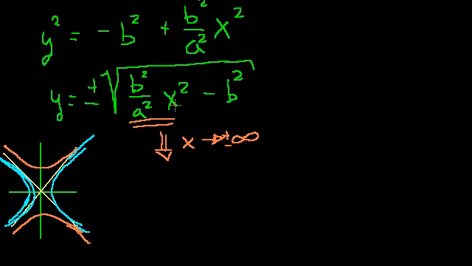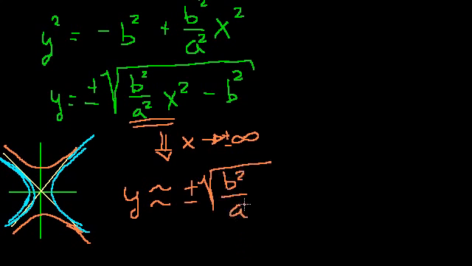So as x approaches positive or negative infinity, as it gets really, really large, y is going to be approximately equal to, I always forget notation, approximately just means not exactly, but approximately equal to the plus or minus square root of b squared over a squared x squared, right?